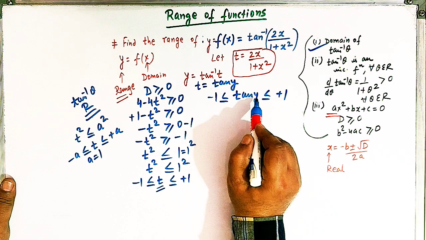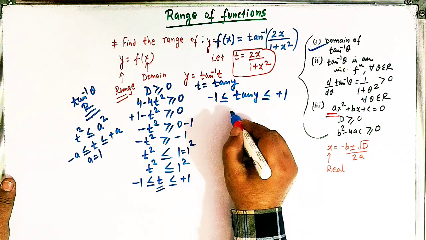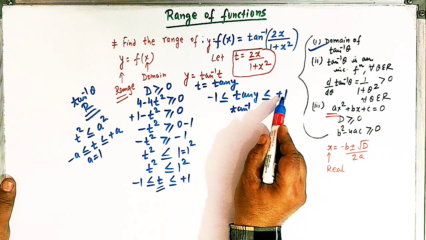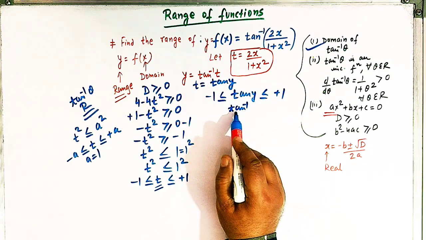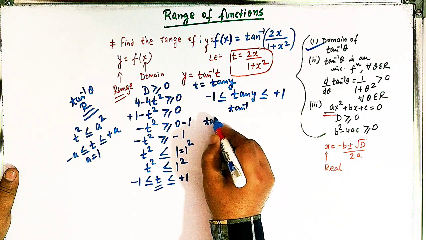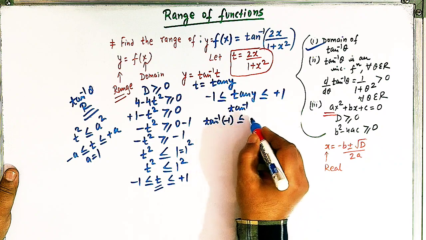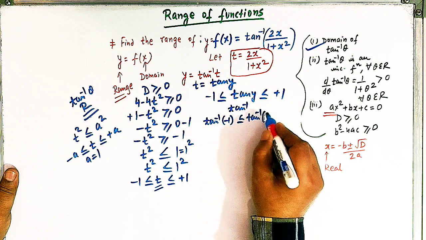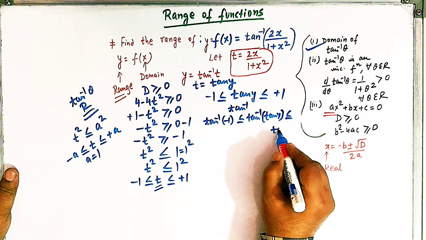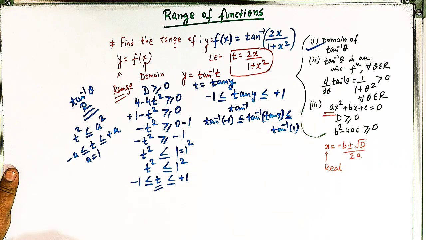Now to get the value of y, what we will do, we'll take the tan inverse of all these three numbers. So taking the tan inverse of these three numbers, we have tan inverse of minus 1, then tan inverse of tan y, and then tan inverse of 1, right?